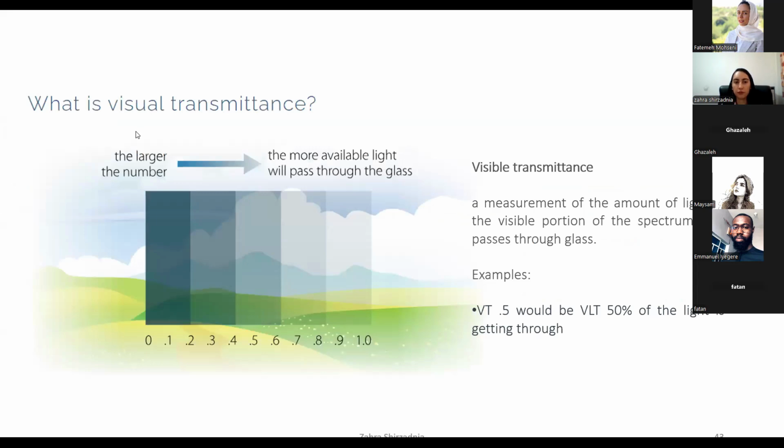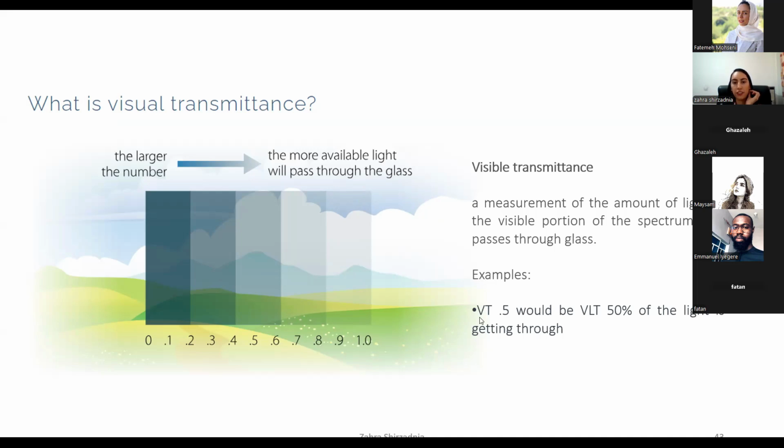I'll tell you about the visible transmittance that is in the range from 380 to 700 nanometers. And the larger the number you have, the more visible light will pass through the glass. Visible transmittance is a measurement of the amount of light in the visible portion of the spectrum that passes through the glass.